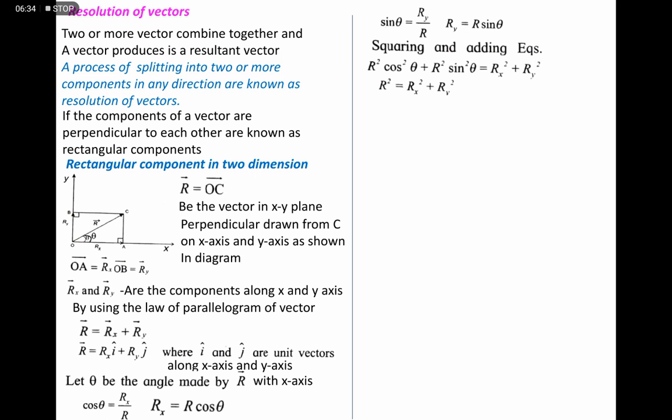We know the identity: cos square theta plus sin square theta is equal to 1. Therefore, R square is equal to Rx square plus Ry square. Then R is equal to the square root of Rx square plus Ry square, taking square root on both sides. This gives us the magnitude of the vector R bar in the xy plane.